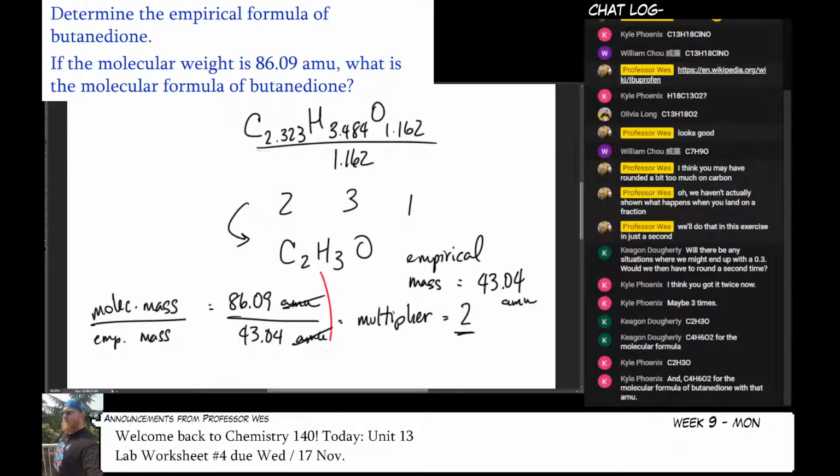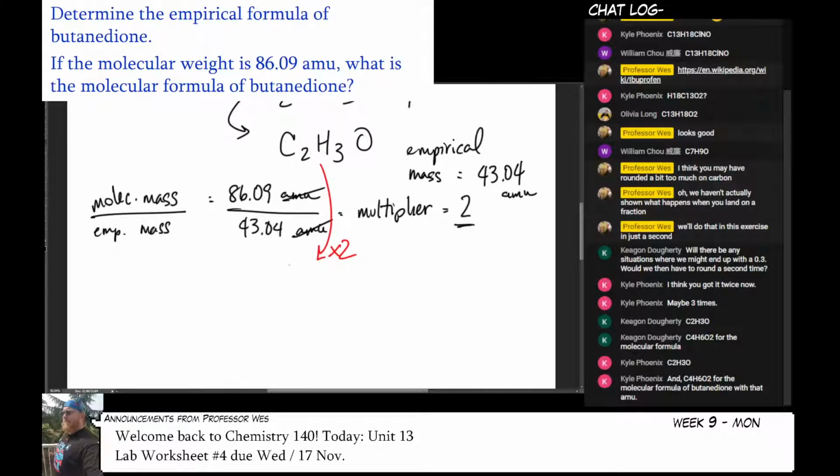So I'm going to take my formula, I'm going to multiply by 2, and I get C4H6O2. And that's the molecular formula.